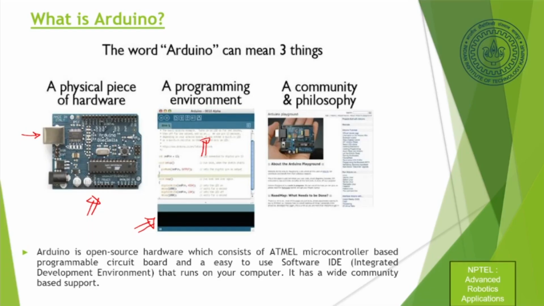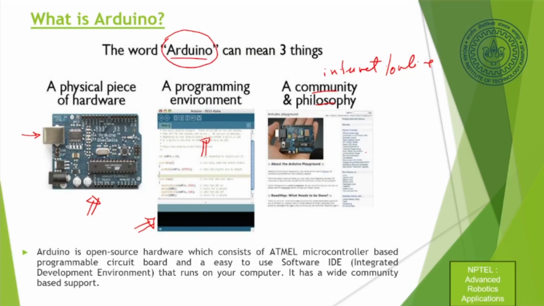Now there is also a community or a philosophy on the internet. A lot of people use this microcontroller, and they sometimes discuss their projects online. So you can go online and check in terms of this Arduino microcontroller. There are different microcontrollers and different communities. For the Arduino microcontroller, you can check the various discussions, various projects, various problems.